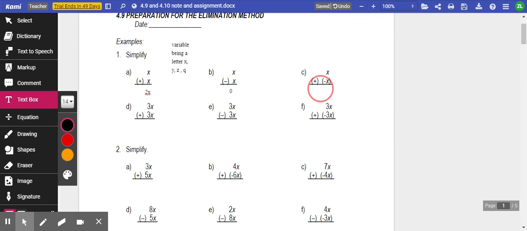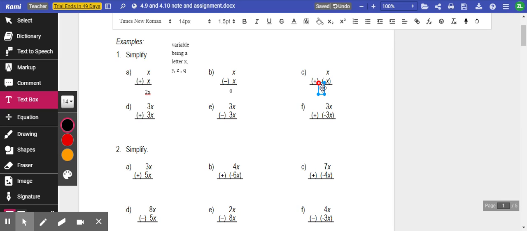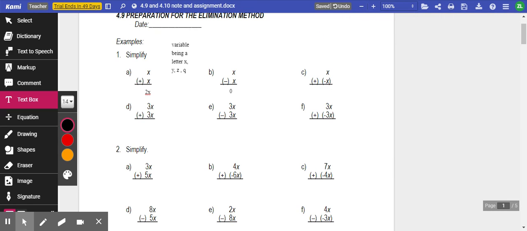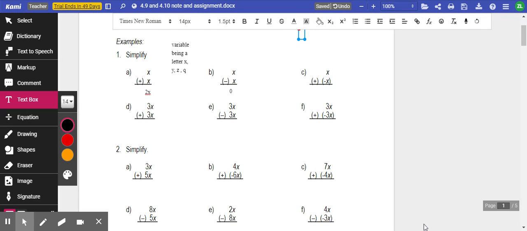Finally, we're getting back into using integers again. So remember about adding happiness or sadness. So if we are adding a negative number, we are adding sadness, or going towards the negative.